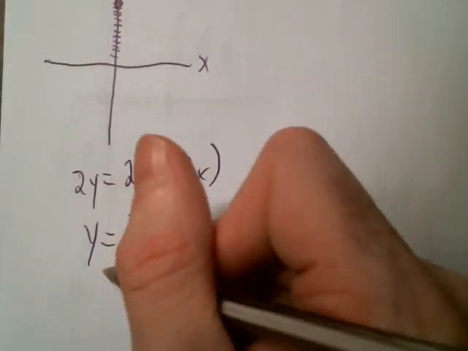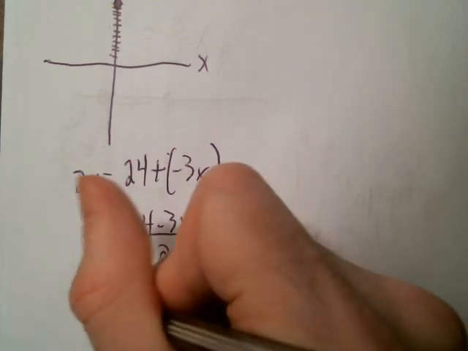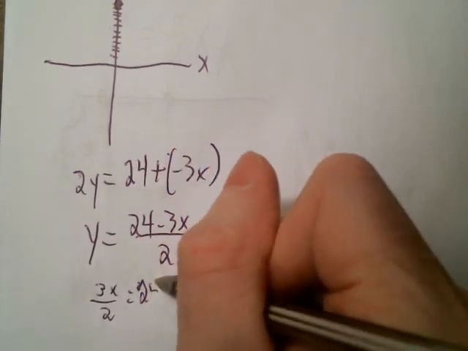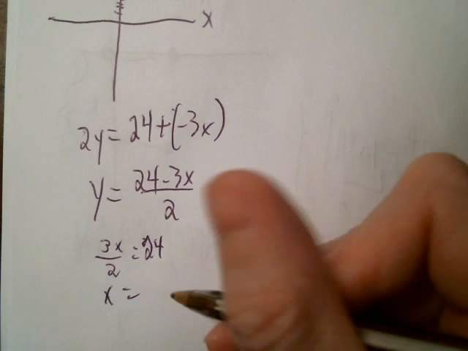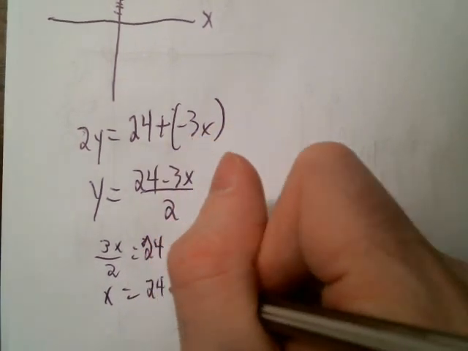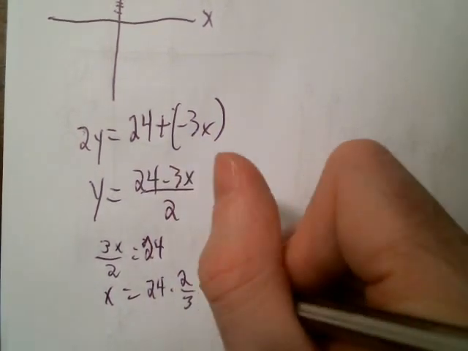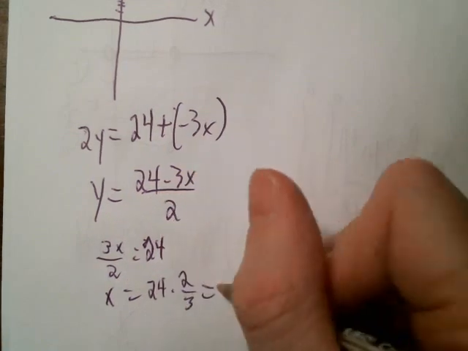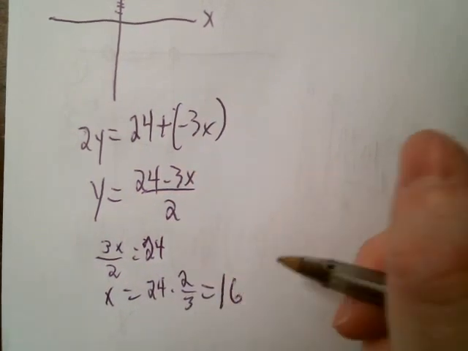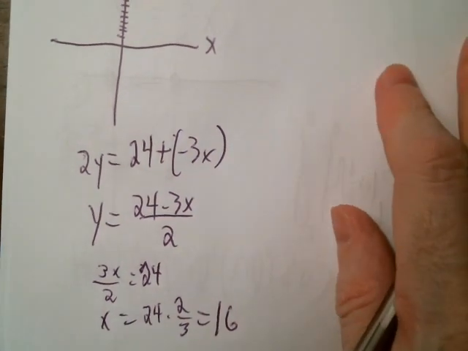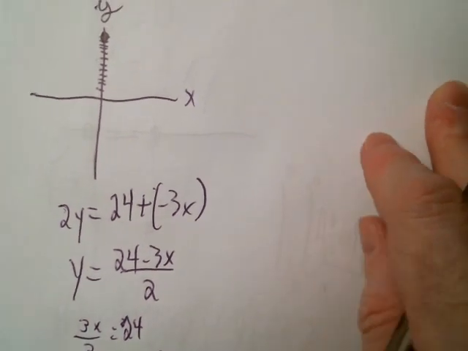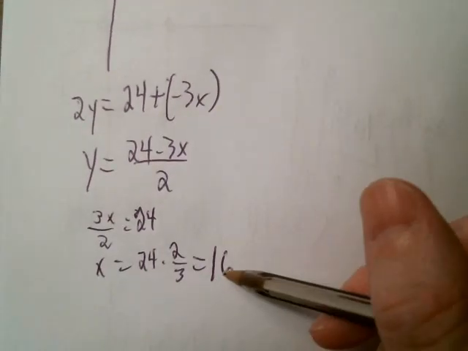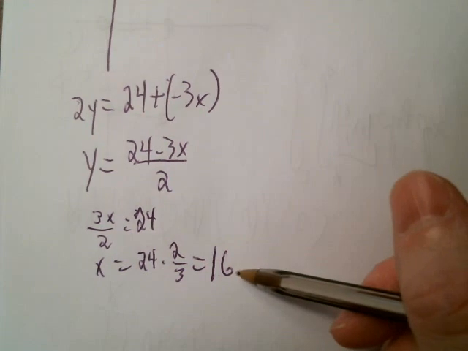And then for the x-intercept, let's see where that is. So that would be 3x over 2 equals 24, so x is 24 times 2/3. 3 goes into 24 eight times, times 2 will give me 16. Is that right?